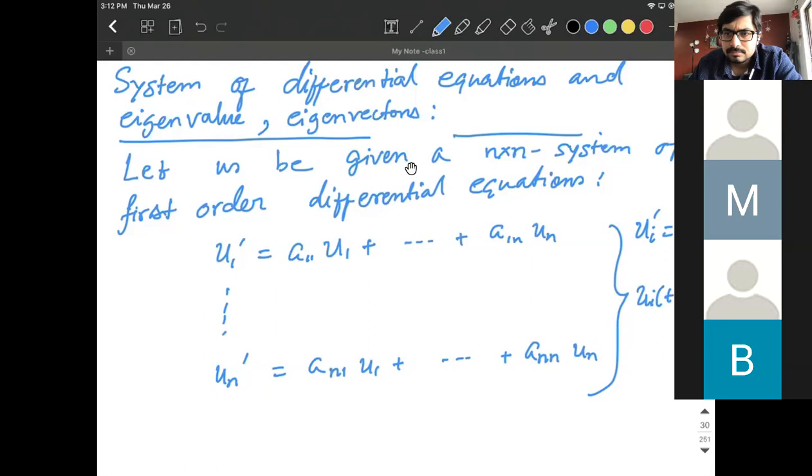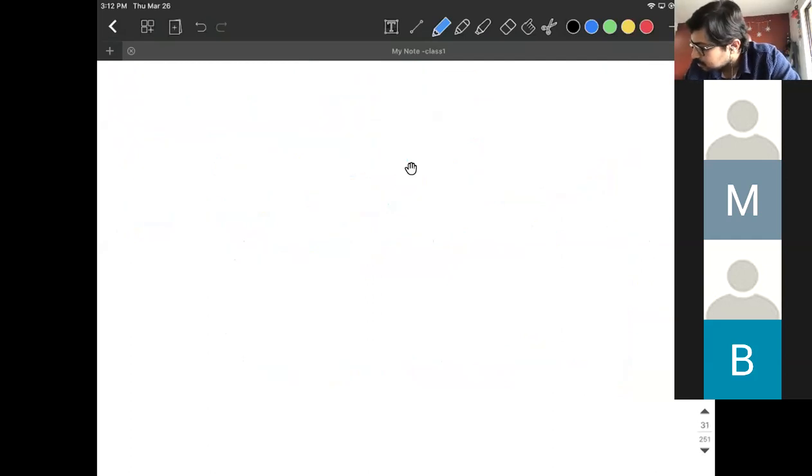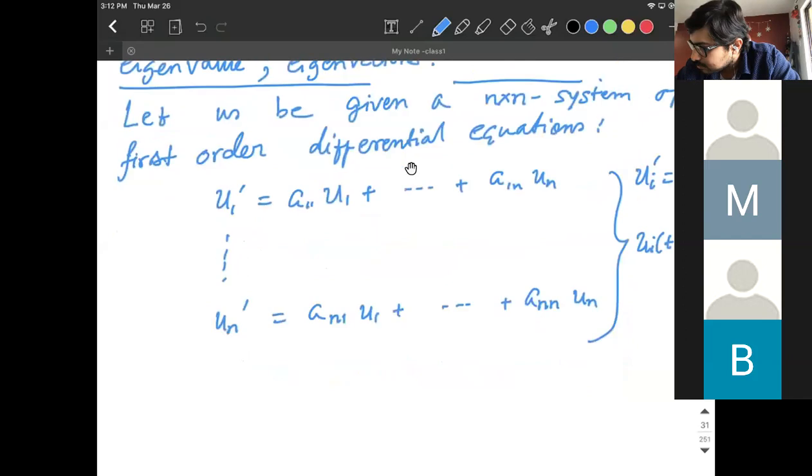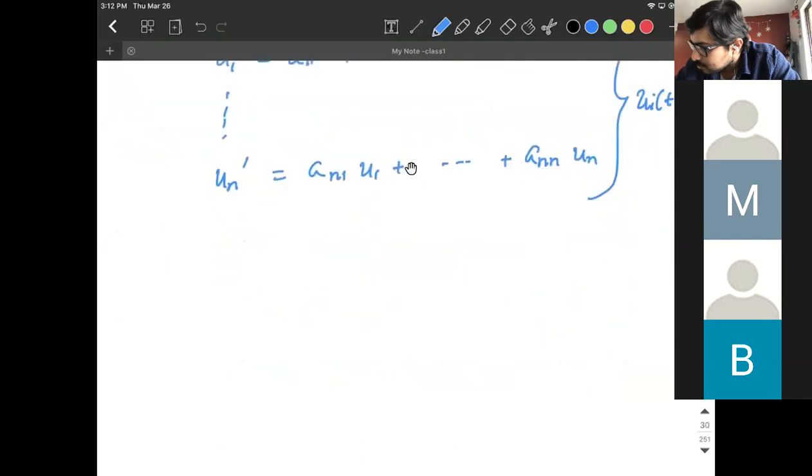Questions? Okay, so let's continue. What we do is something exactly similar to a system of equations. We arrange it in terms of a coefficient matrix, then a vector, now a vector of functions. And on the right hand side, we have the vector of derivatives.